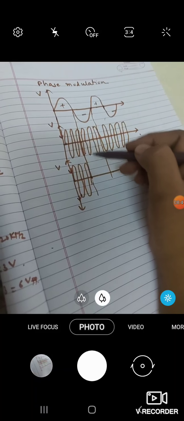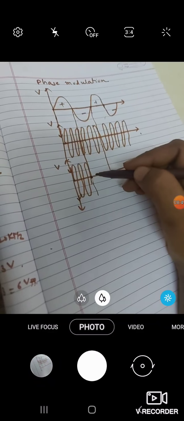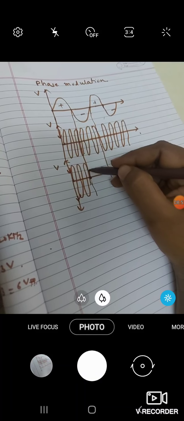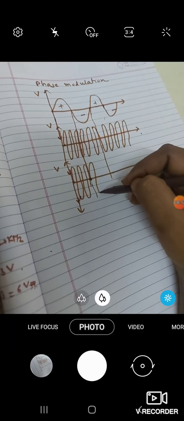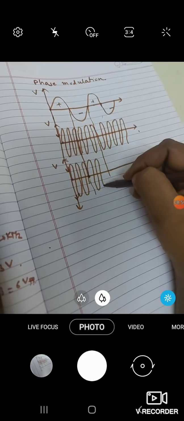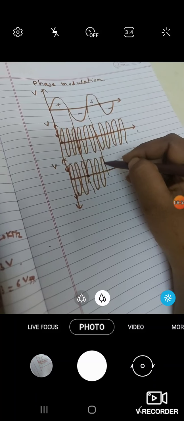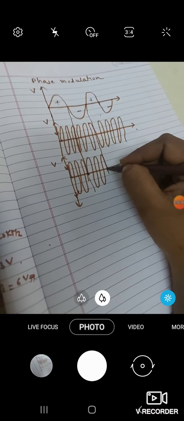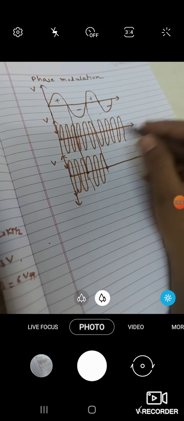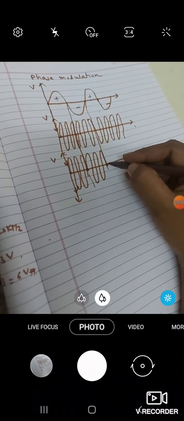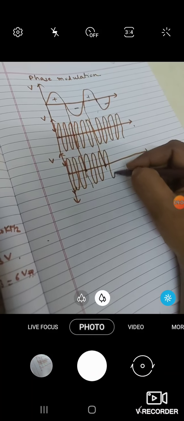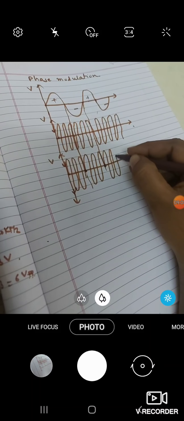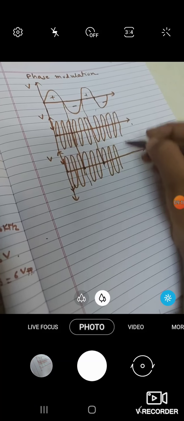It will continue the path of the analog signal. But when the phase modulation takes place, there is a phase change by 180 degrees. So instead of continuing in the same way, it is changing its phase. So that is the concept of phase modulation.